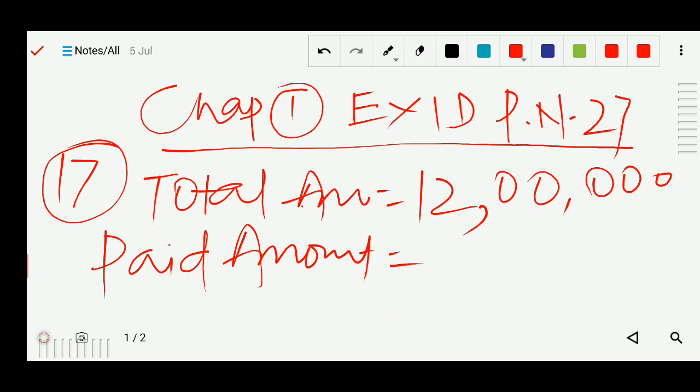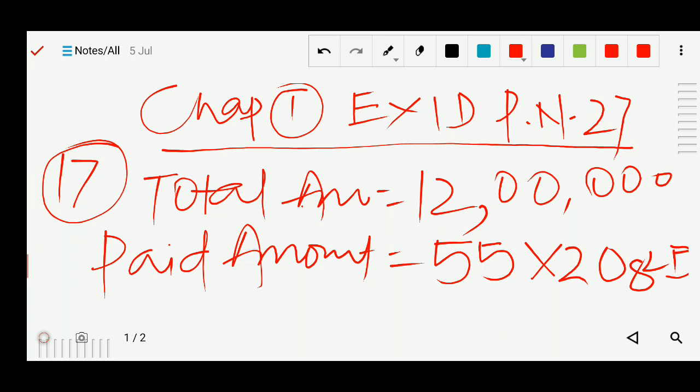Suppose we buy one toppy and for that we are paying 5 rupees, we buy 10 toppies, so how much money will we pay? 10 into 5. Likewise we will do here. The total is 55 multiplied by the cost of one air conditioner, which is given as 20,825.